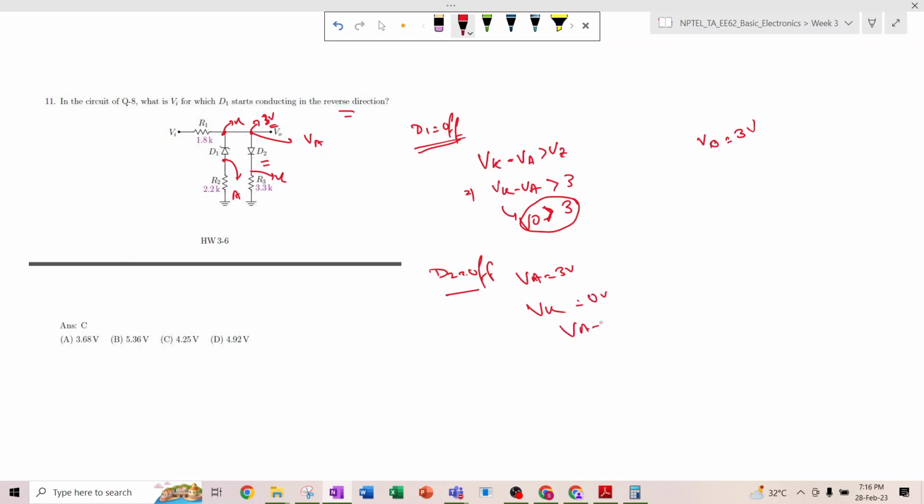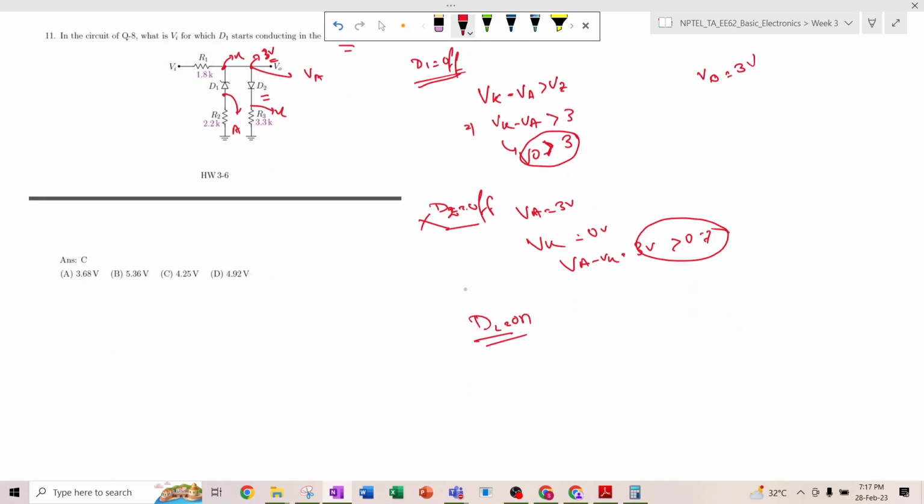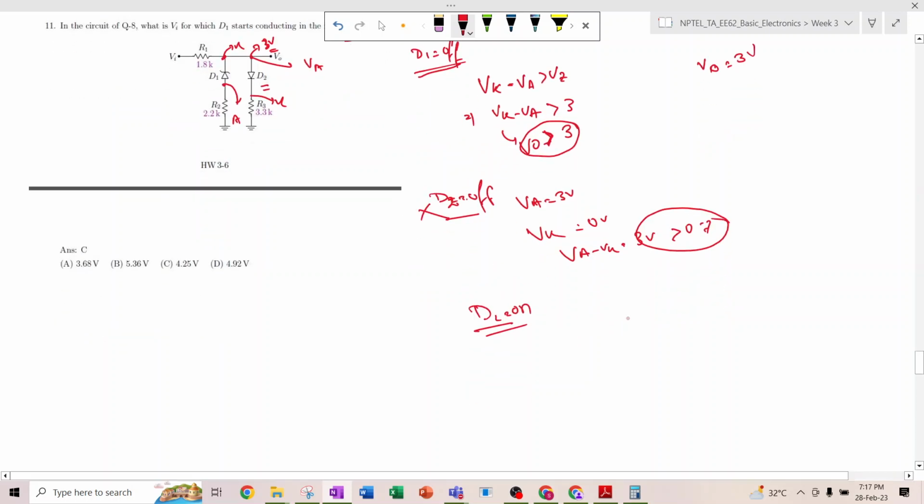So anode minus cathode is 3 volt, which is greater than the 0.7 cut-in voltage. So D2 should not be off, that means D2 should be in the on condition, right?